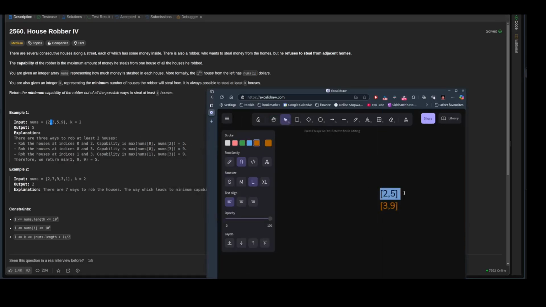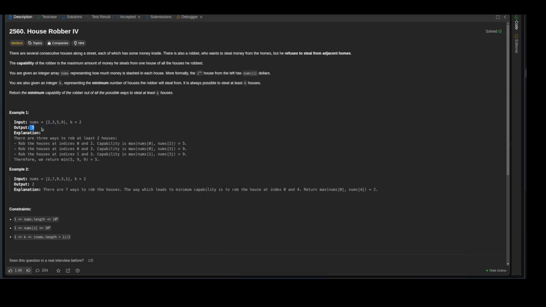The capability here is 5, because capability is the maximum amount of money he steals among all the money he steals, and in this other option the capability is 9. Out of all these capabilities they want the minimum. So the minimum of these two is 5, so 5 is the answer over here.